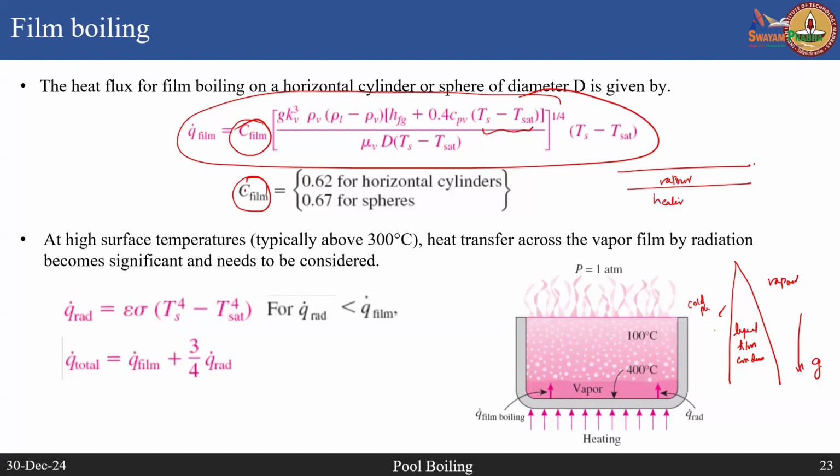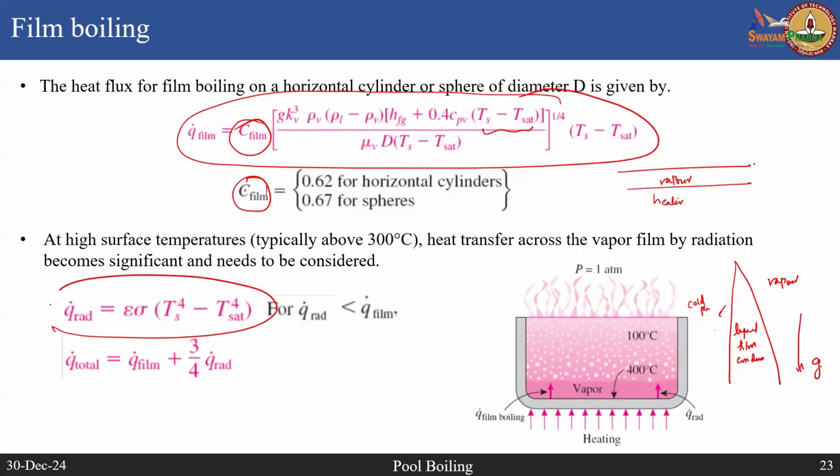And one more thing you have to keep in mind is that it is not only boiling which is causing the heat transfer in film boiling, but it is primarily radiation. As you go to higher and higher heat fluxes, the contribution of radiation becomes very important. Therefore, if you do not account for radiation, your correlation to predict the heat flux in film boiling will be grossly underestimated.